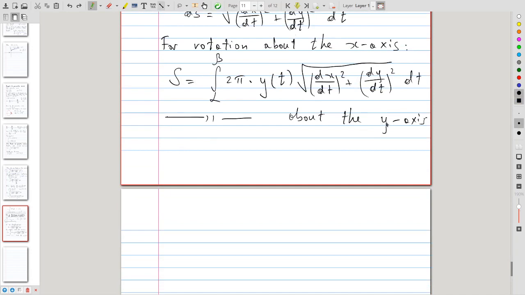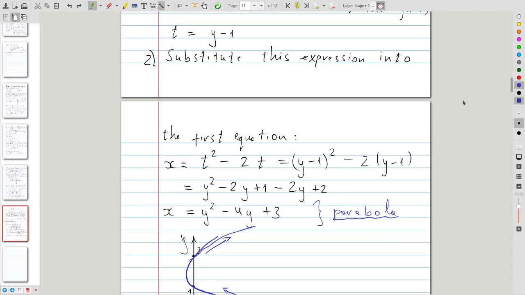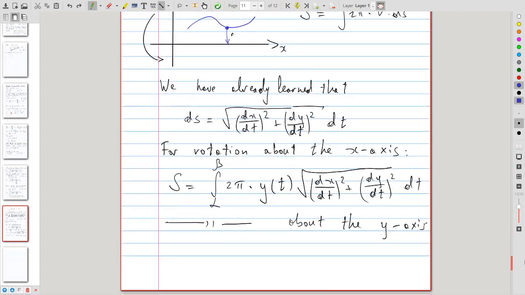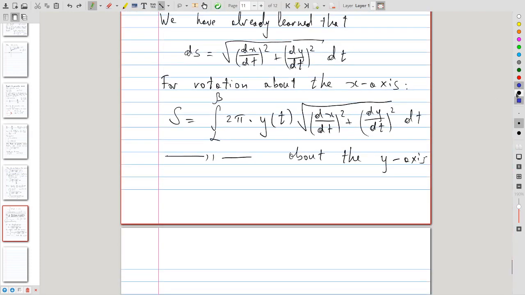This is the rotation about the x-axis, and we get this formula here.